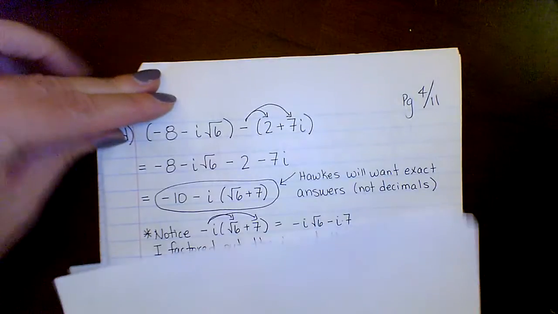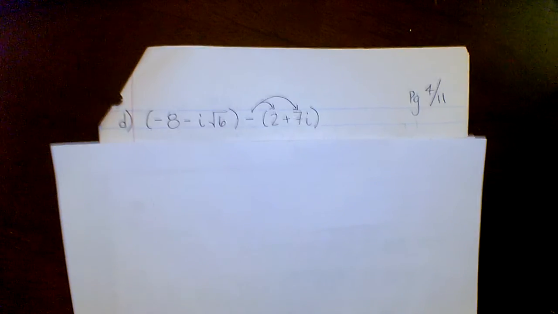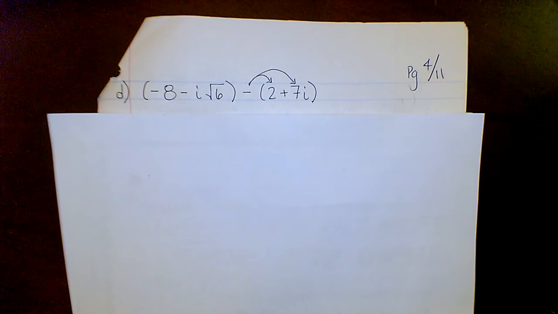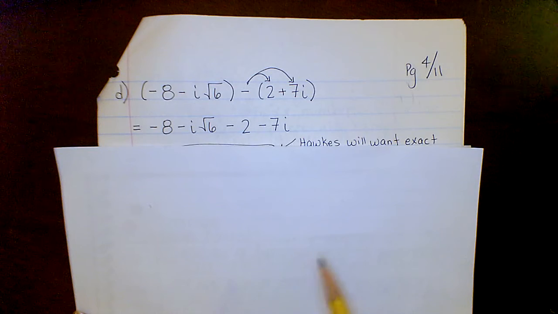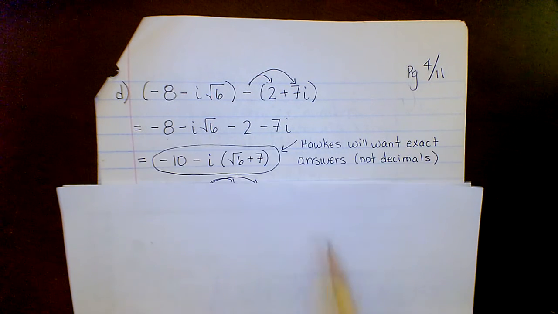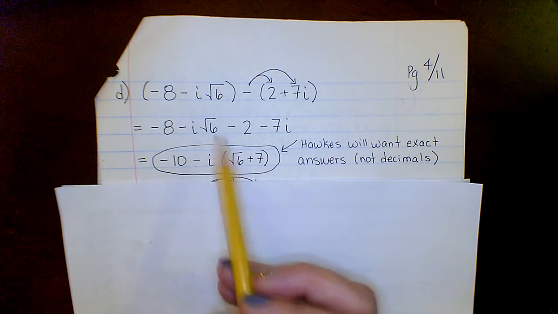So what happens if we bring in some radicals? All right, well, kind of some of the same stuff, right? We know how to do like terms with radicals. That's a subtraction, so I am going to distribute that out. So we get those like terms of minus 8 and minus 2 to be minus 10.